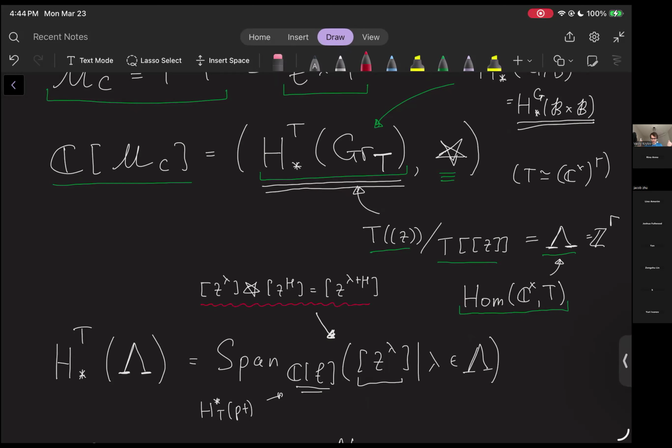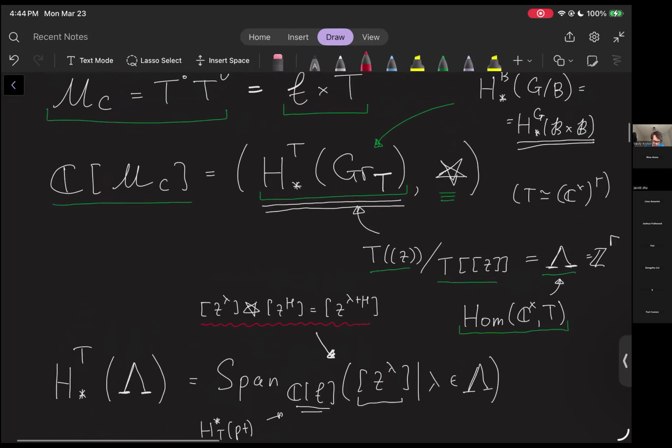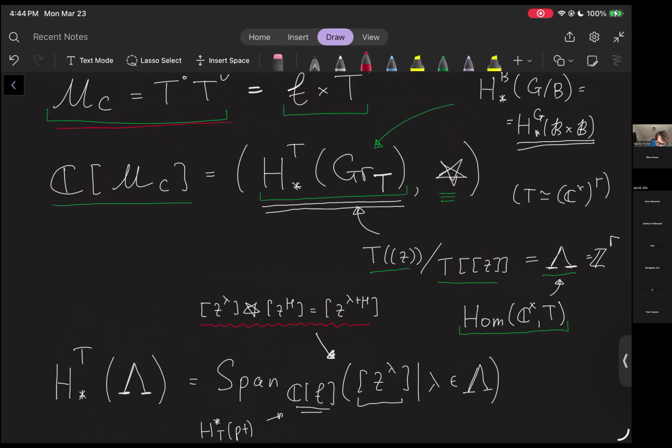Namely, it's just compatible with the lattice structure. So when you multiply, you just sum the corresponding lambdas, the corresponding co-characters. And that's the reason why you are getting, in this case, T star to T check. So this will be coordinates on the torus, and these are coordinates on the Lie algebra. Okay?